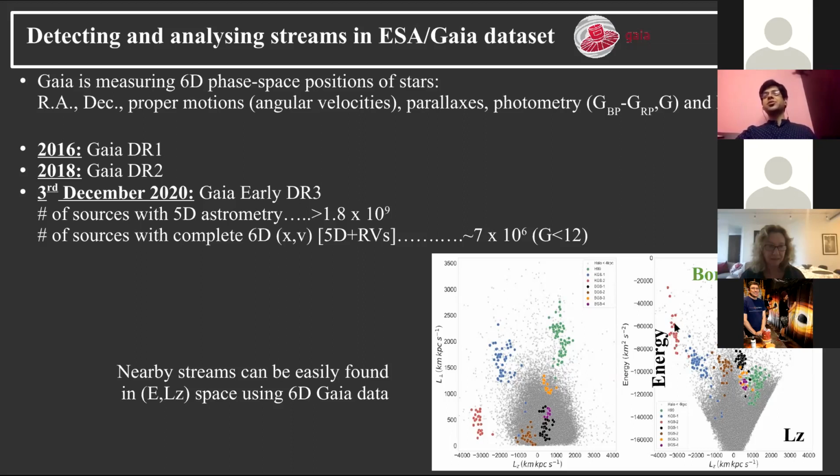So you can find these clumps of stars and regard them as streams, basically. But with this very simple procedure of finding streams, you can only find nearby streams, because note that the 6D information is only present for very nearby brighter stars that have magnitude less than 12 or so.